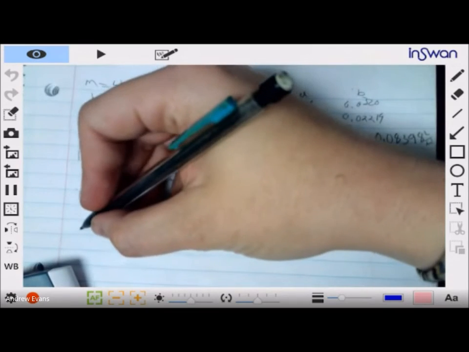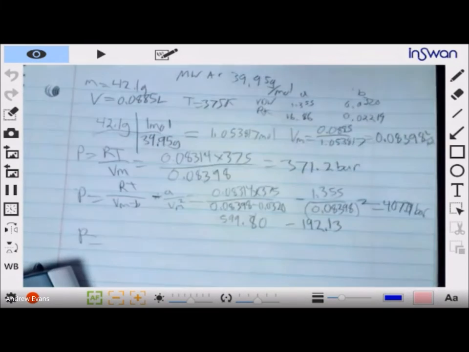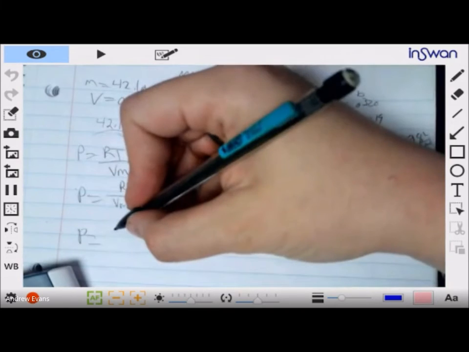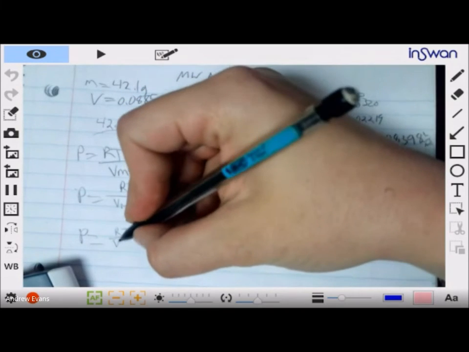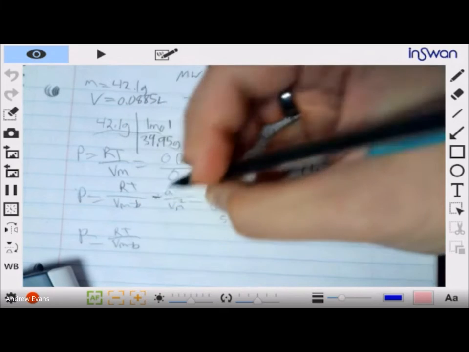Now for the Redlich-Kwong, just a little bit trickier. We're always upping the difficulty. RT over V sub M minus B, that's the same.